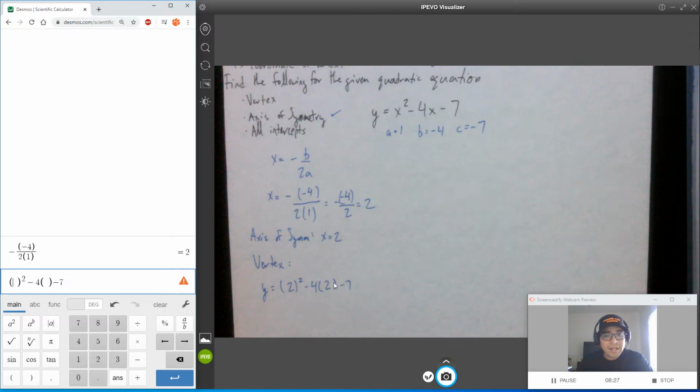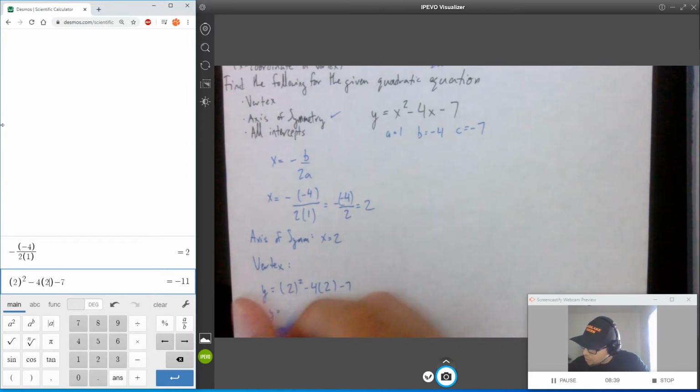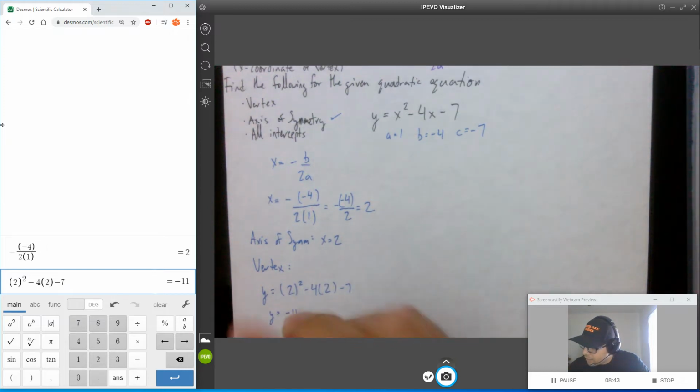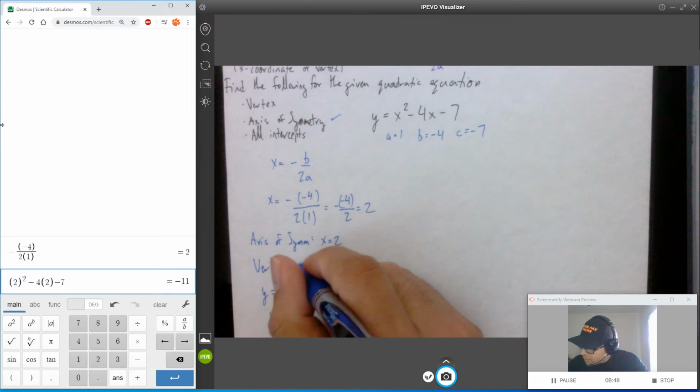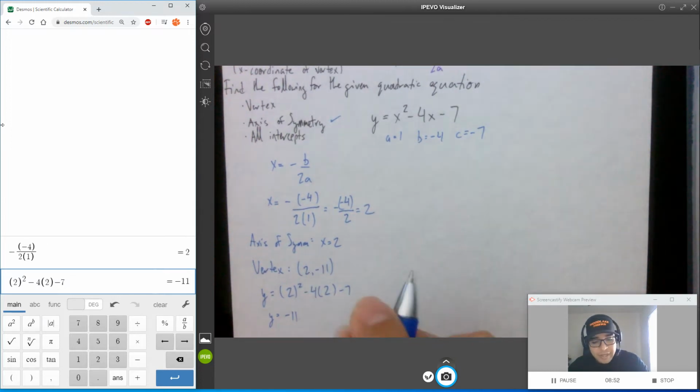In here goes the x coordinate of my vertex, which is 2. Put a 2 in there and a 2 in here, and we get that y equals -11. So my vertex right here is 2, -11.